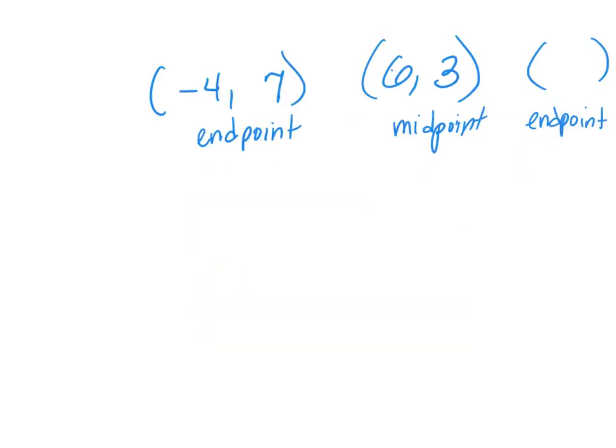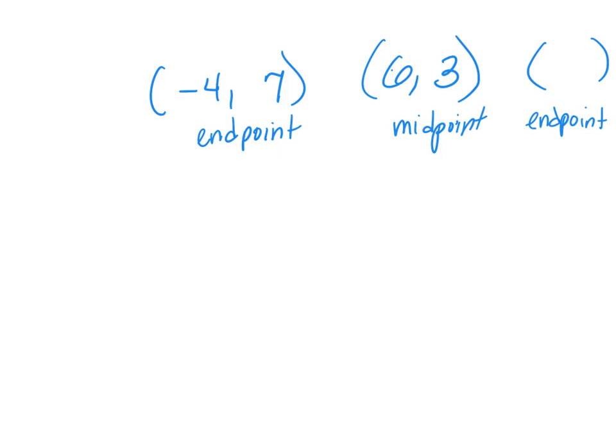In this problem, you're going to have 3 of these for homework, so do them first because they're the hardest ones on the page, the last 3 on the page. This one, they give you one of the endpoints, they give you the midpoint, and they want you to find this other endpoint, okay? So you put things where they go.